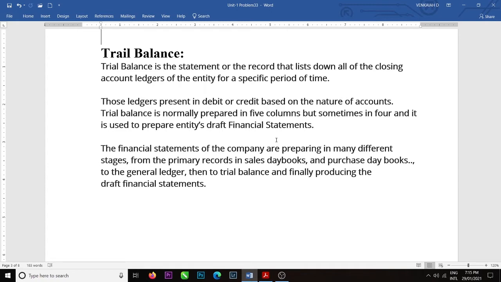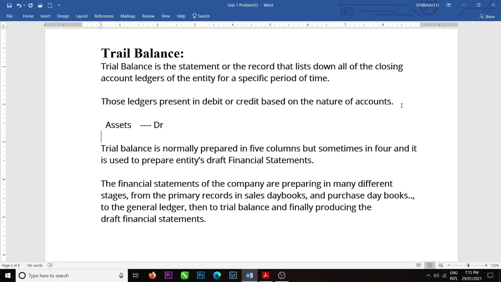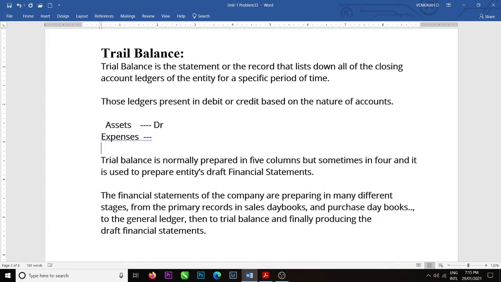These ledgers are presented in debit or credit based on the nature of the accounts. What may be the nature of the accounts? All assets will show debit balances. Expenses ledger account balances are debit.